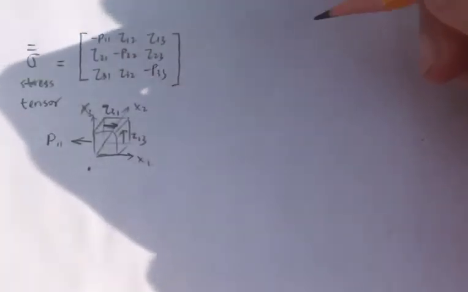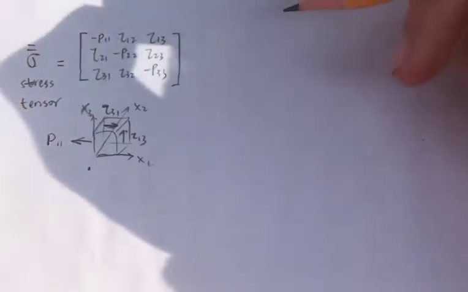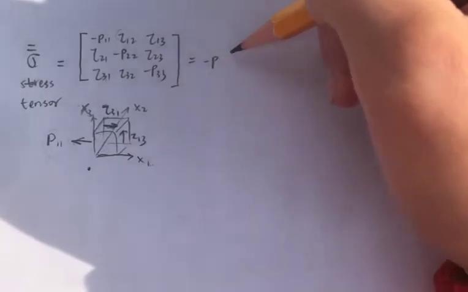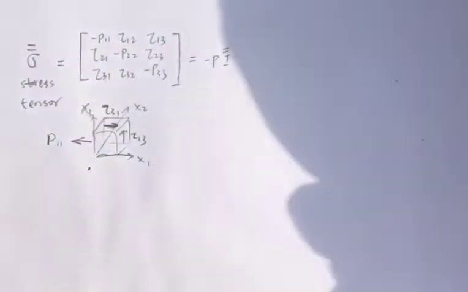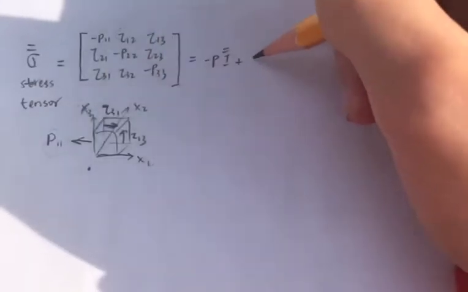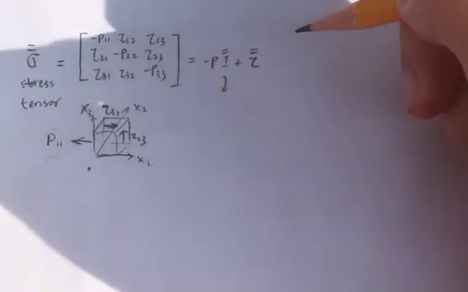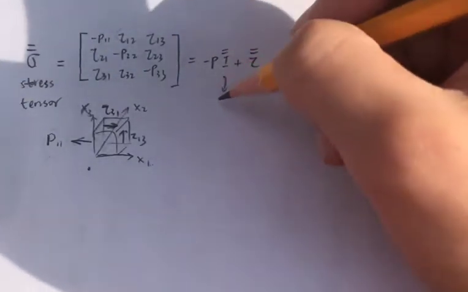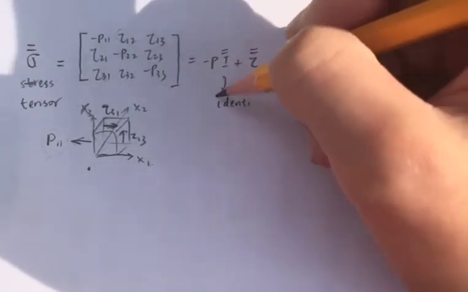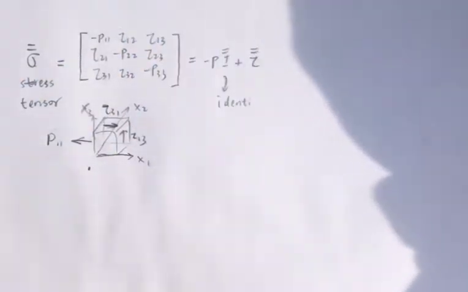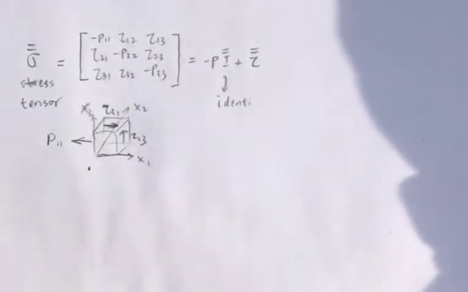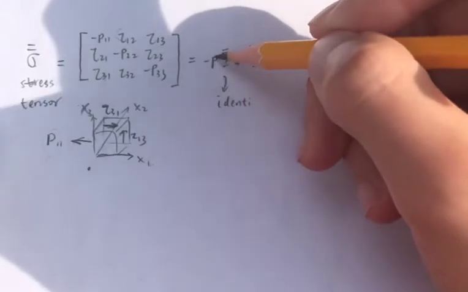Okay, so there's a way for us to decompose the stress tensor sigma, which is something like this: minus P times the identity tensor, plus this thing, the tau. The I here is the identity tensor, right? It has an effect to make a scalar into a second order tensor.